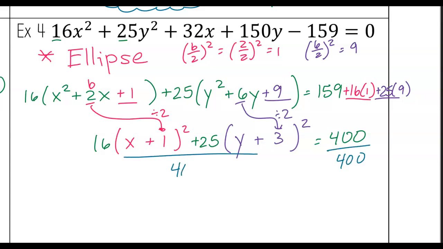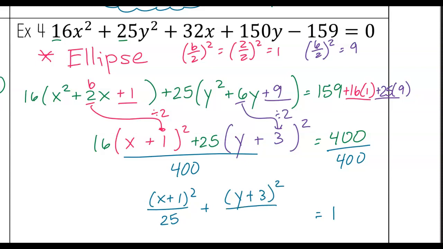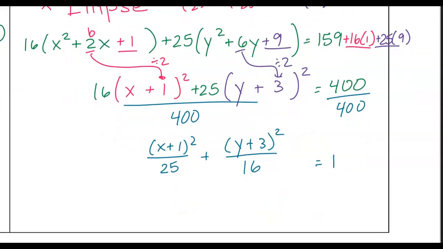Divide everything by 400. 400 divided by 400 is 1. 16 over 400 actually simplifies to 25 on the denominator. 25 over 400 actually simplifies to 16 in the denominator. Notice it's just always the other's coefficient, by the way. It will always work that way.